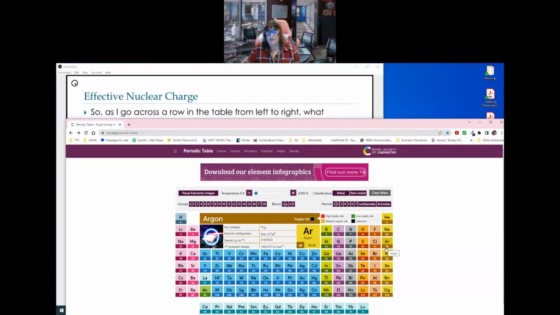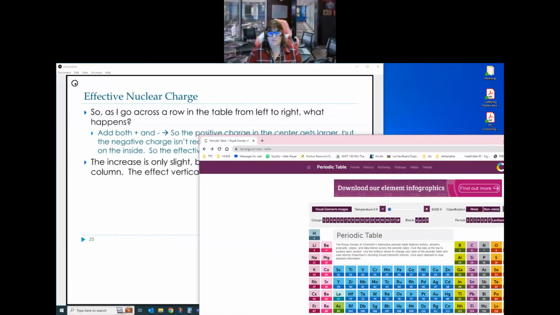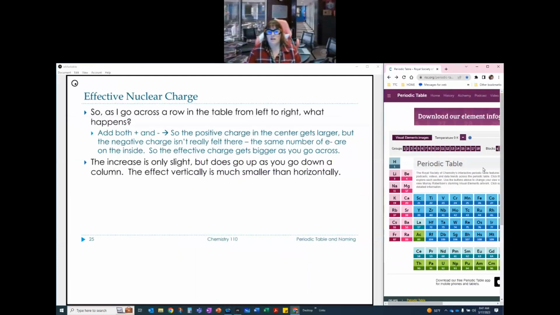Now, the other thing that we need to talk about in terms of size is, as we go down, we're further away from the nucleus, that is bigger than the rows above it. Okay. Is there anything else I need to say? Yeah. And of course, the effect vertically is much smaller than what we see horizontally.